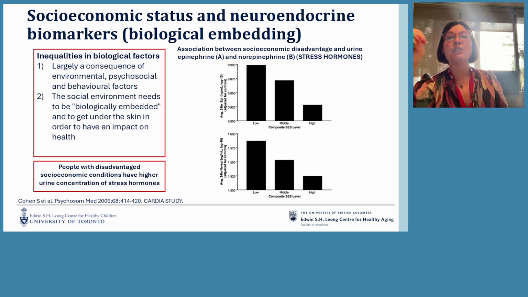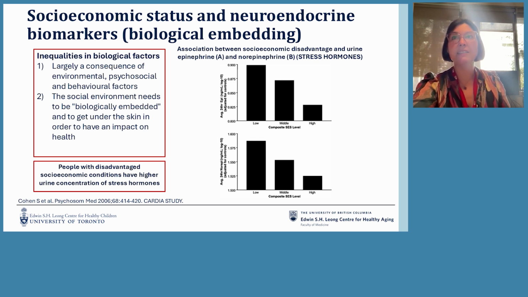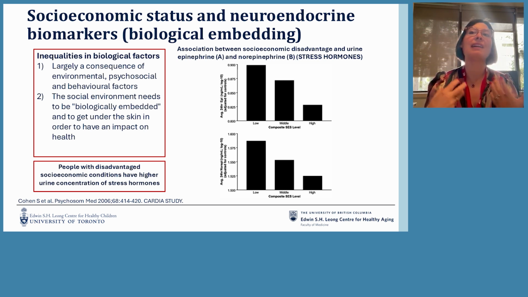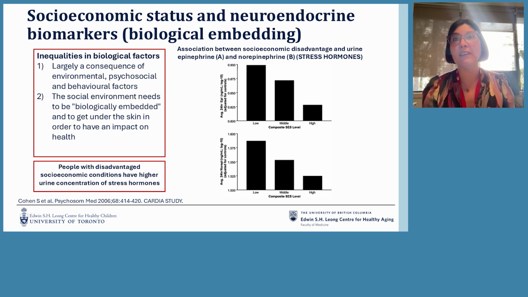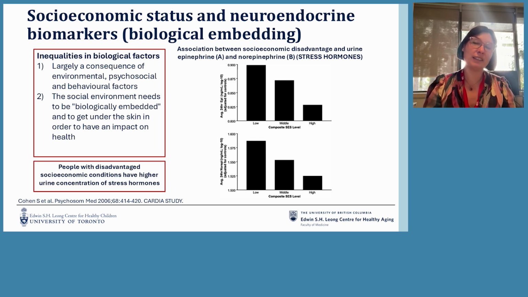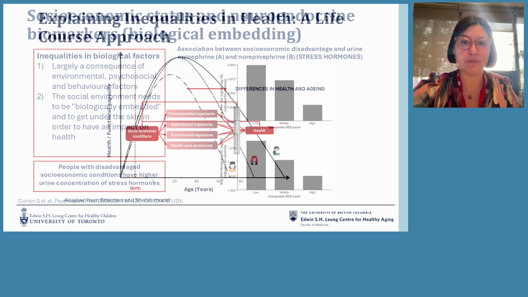But I just wanted to mention here, because we are talking about mechanisms, that inequalities in biological factors are largely a consequence of environmental, psychosocial, and behavioral factors, and that, as we said, the social environment needs to be biologically embedded to get under the skin and have an impact on health.